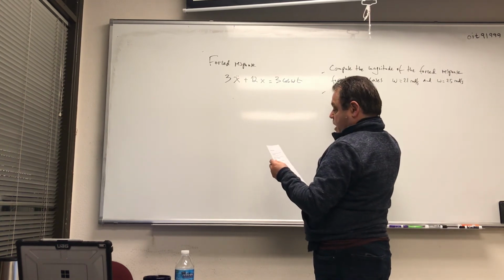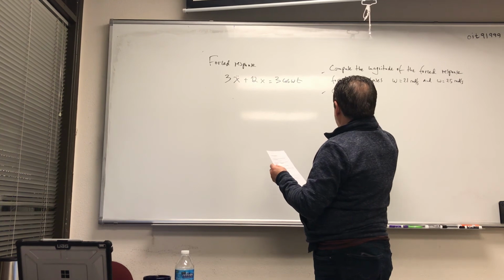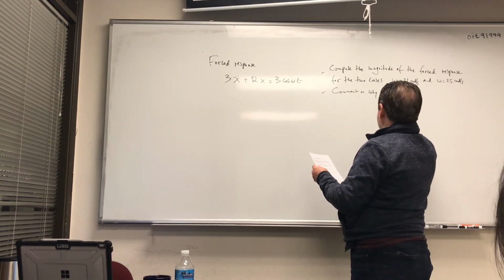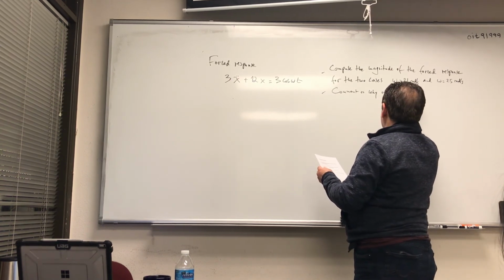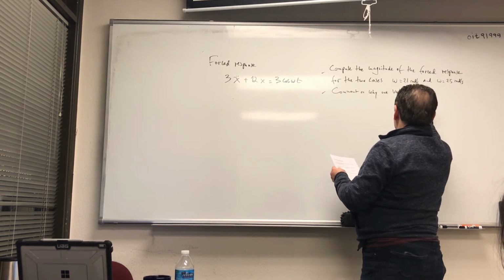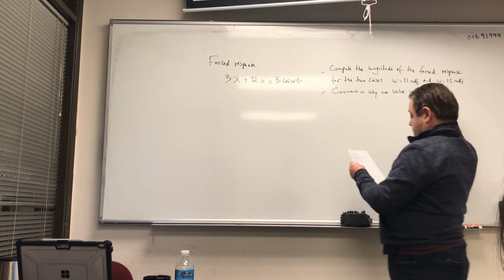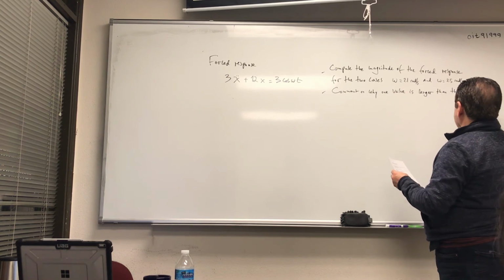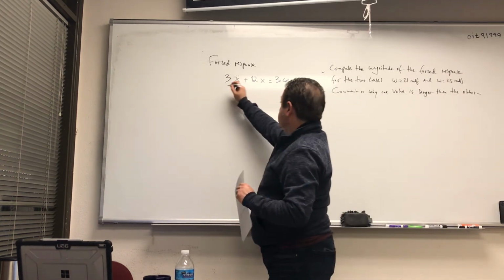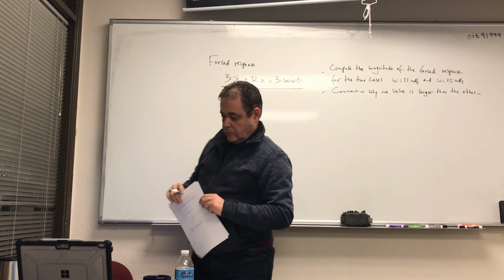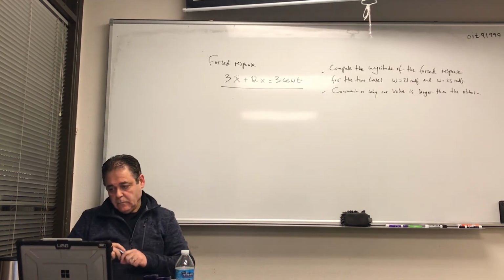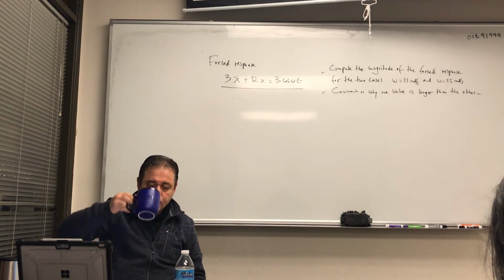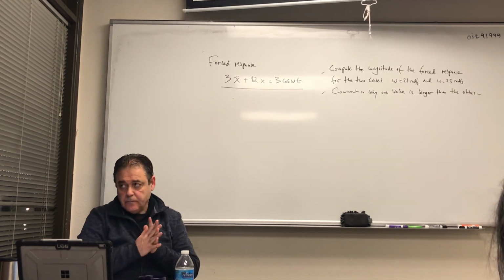And then the second question: comment on why one value is larger than the other. Is this in the book?